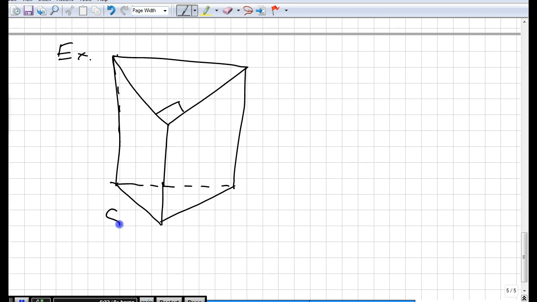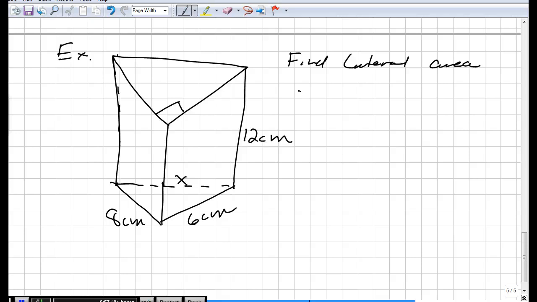Okay, and let's say that we know this is 8 centimeters, this is 6 centimeters, and we want to know that, and it has a height of 12 centimeters. Okay, so find lateral area. Okay, well, lateral area is the perimeter times the height.